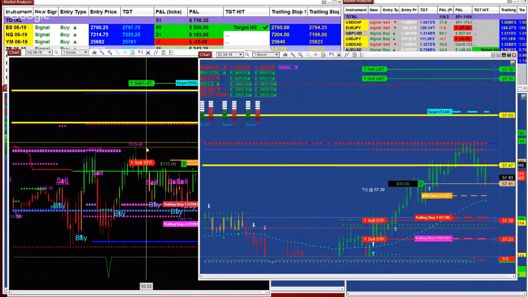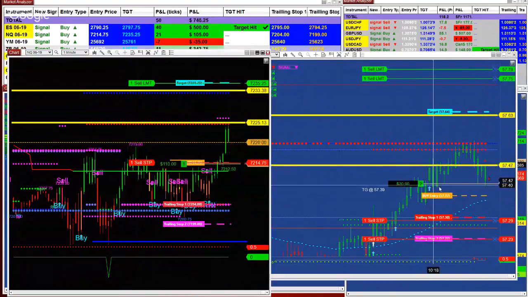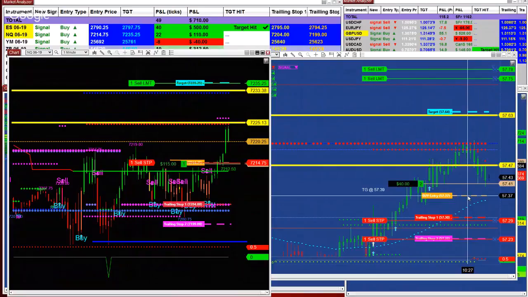This entry level is not just a normal entry level. There is a lot of calculation in there. I'm not going to go through all of that. But right now, we are expecting a re-entry point. This is not a short CL, folks. This is a re-entry at 57.37. And we have delivered the Nasdaq.